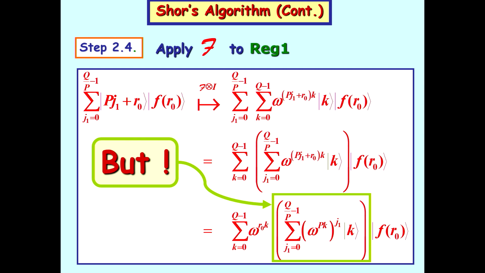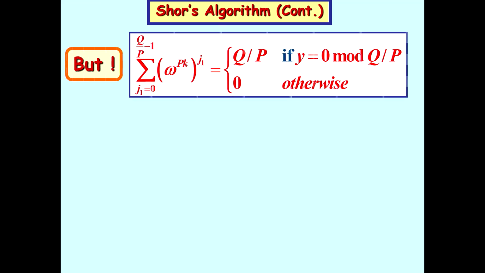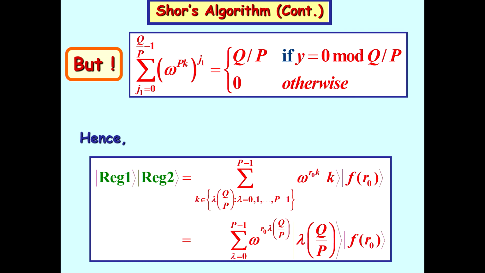Inside the summation is another summation which can be greatly simplified. That expression is either q divided by p if y is equal to 0 mod q over p, and is 0 otherwise. Hence, the whole expression for the registers can be simplified to the following.